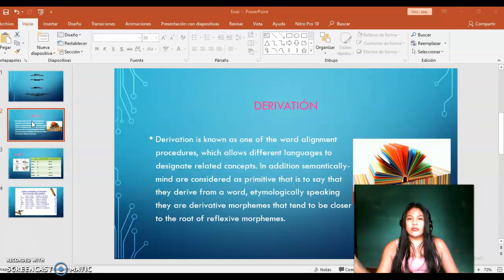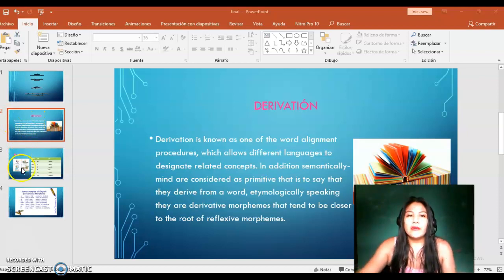Derivation is counted as one of the word alignment procedures, which allows different languages to design related concepts. In addition, semantics are considered as the primitive, that is to say, the derivation of a word, etymologically speaking. In derivation, the morphemes trace closer to the root and the reflexes morpheme.